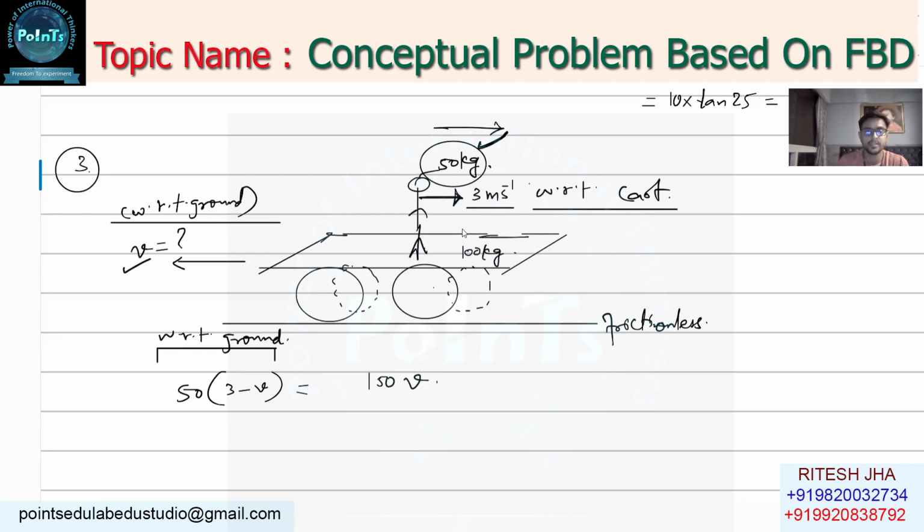So that is equal to 150 V because V is backward. Yep. And so, equating it, 3 minus V is equal to 3V.